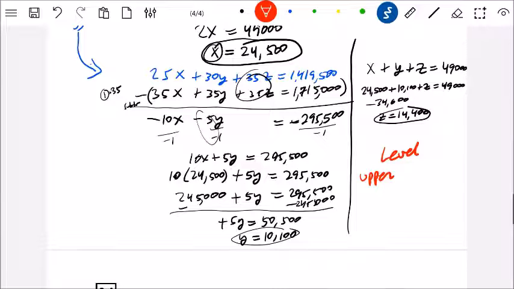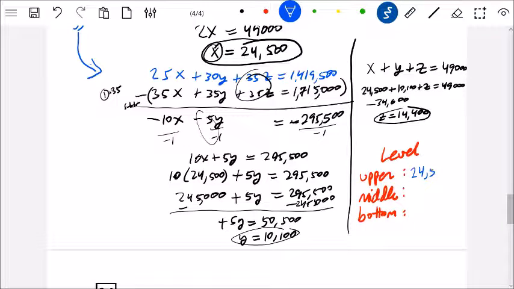Now the upper were the x's, and then I'll say middle underneath it, and then I'll say bottom underneath that. The upper level ones, the amount was 24,500 seats. And the middle, 10,100 seats.